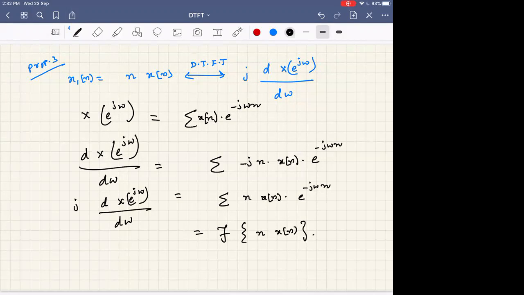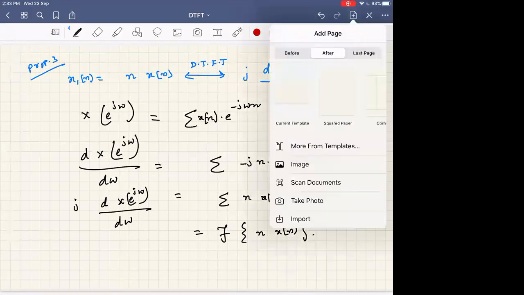What essentially is happening is that we are multiplying with the sequence, so that is making the differential frequencies identified. So we'll move on to the other properties.